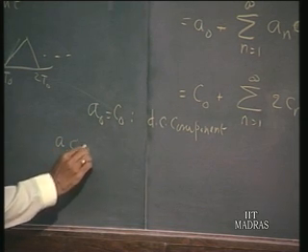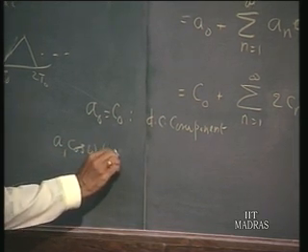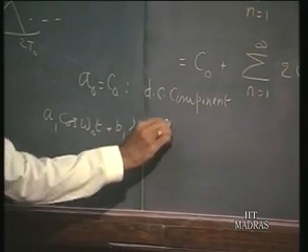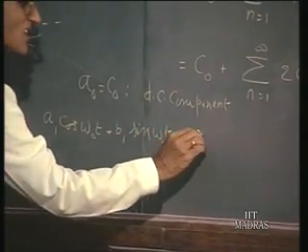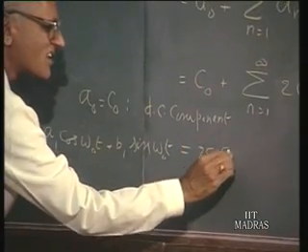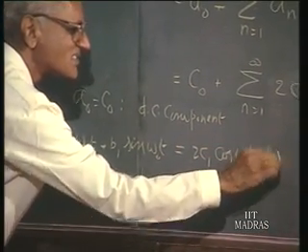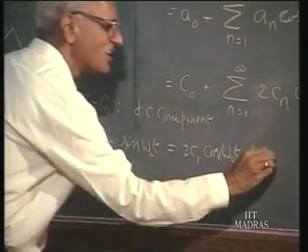A_1 cos omega naught t plus B_1 sin omega naught t, which of course is 2C_1 cos of omega naught t plus phi_1, is called the fundamental component.